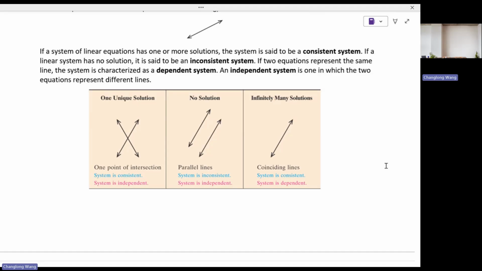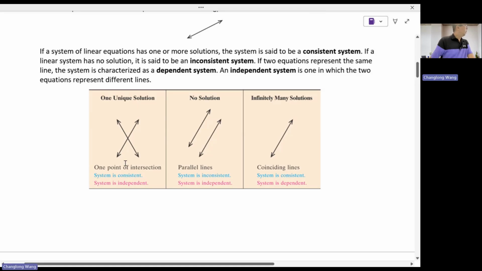You'll have infinitely many solutions. As long as the system has a solution, it will be consistent. But the system is dependent since the two lines are the same, so one depends on the other, or some equations are redundant.